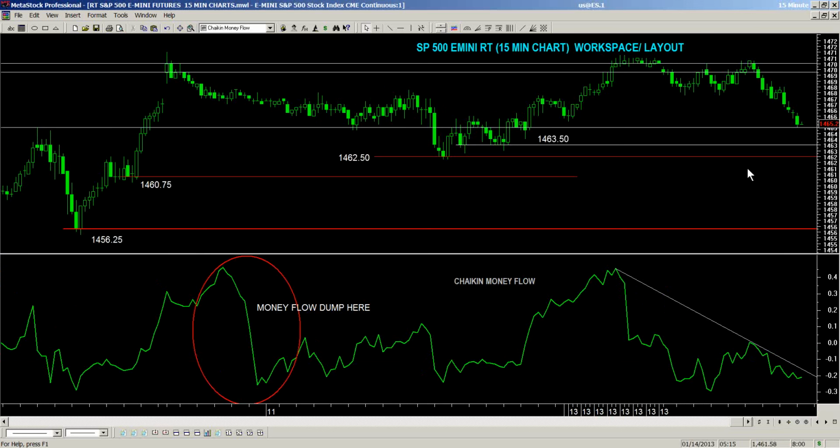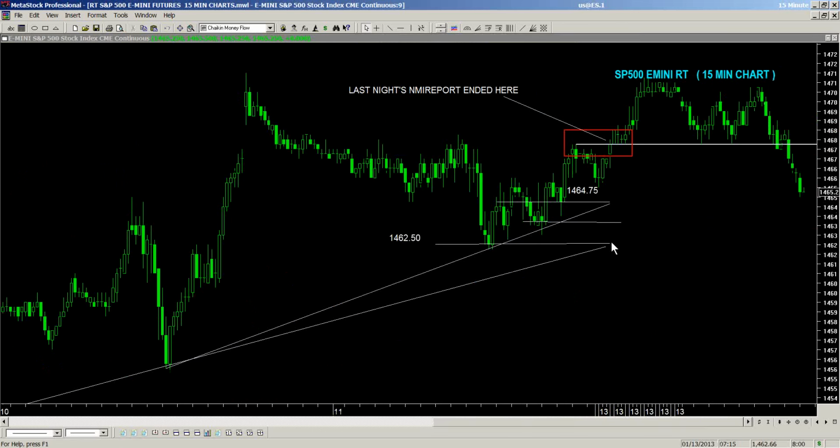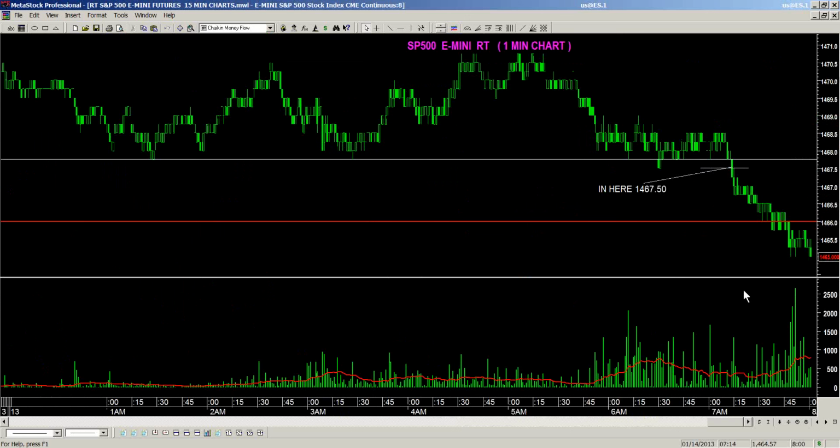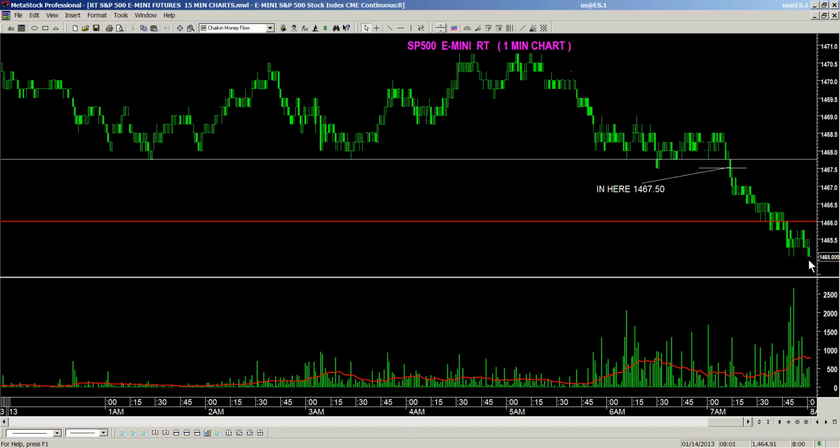What we do have is a level here that's just about hit at 1465, but not on a 15-minute bar. So okay, it appears that this could be the bar.